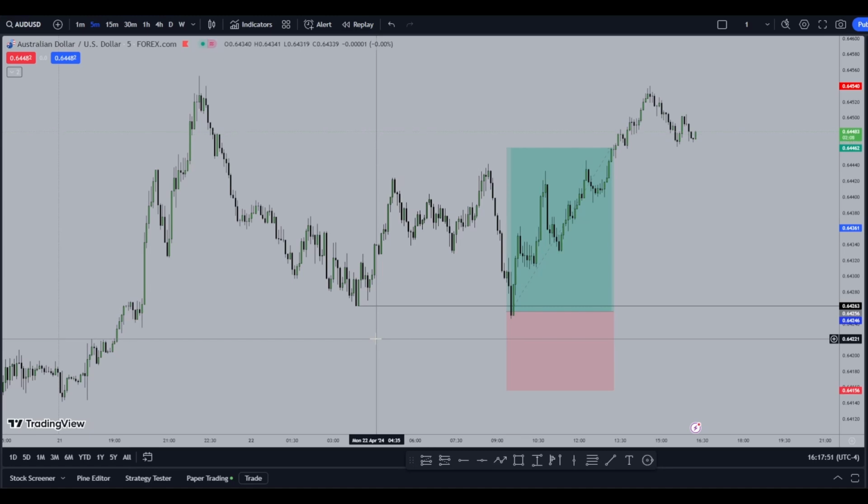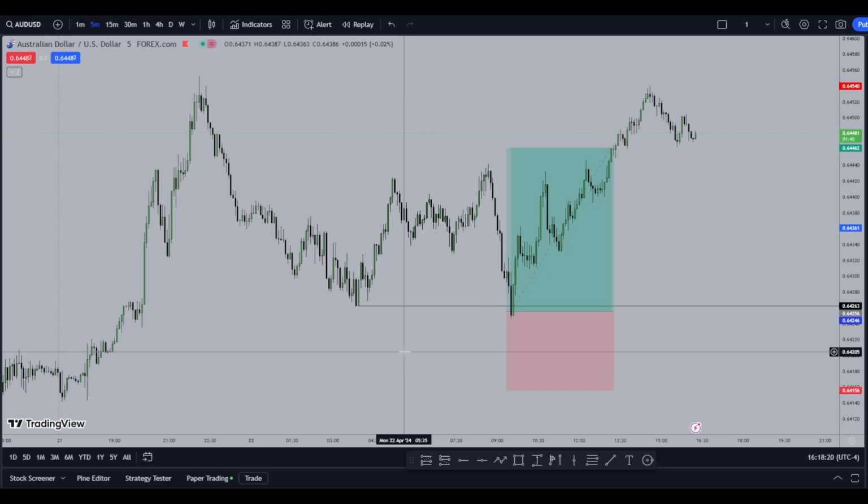It's totally based on liquidity, and smart money concepts is also totally based on liquidity. So with smart money concepts and with this strategy, what we do is we look for supply and demand. Now you guys will be thinking, how can supply and demand be in smart money concepts?